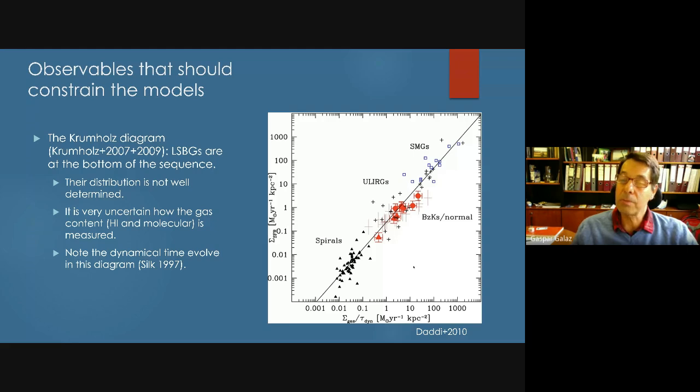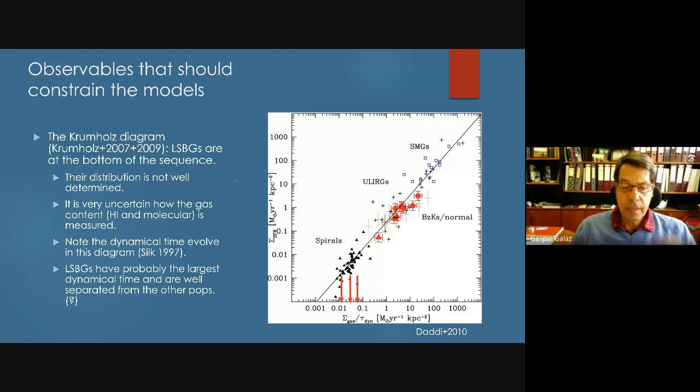These two things should be related, as this plot of Daddi shows. Also, using the models, you can show that LSBs probably have the largest dynamical time and are very well separated from other populations. So that could be interesting to be shown or verified with the models.